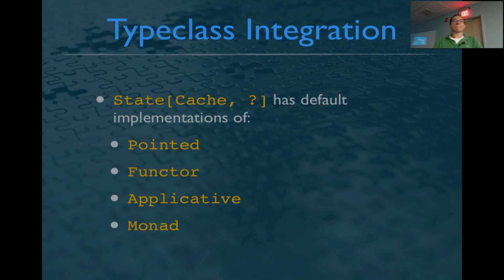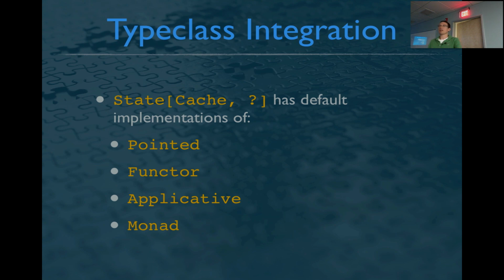What else we got? There was a bullet point earlier that said when you fix the state type, right? State itself takes two type parameters, S and A. If I fix S and let A vary, the net result of that partially applied type is a monad.